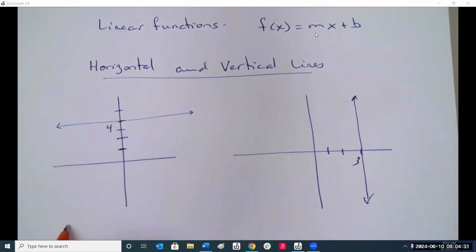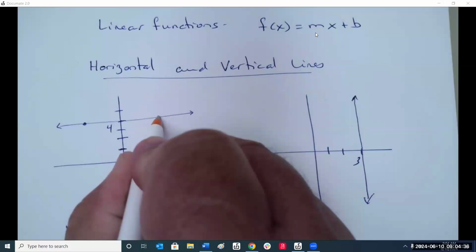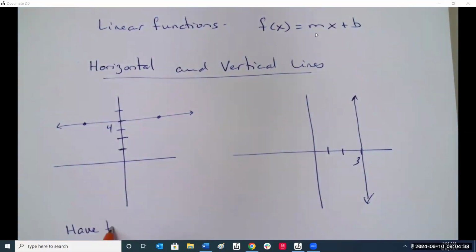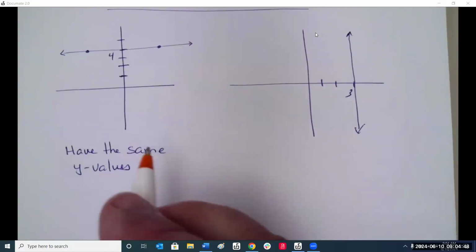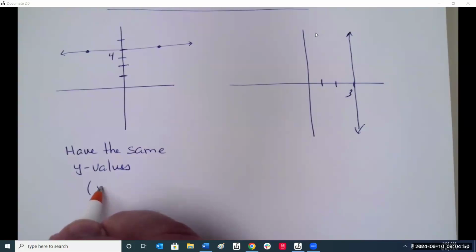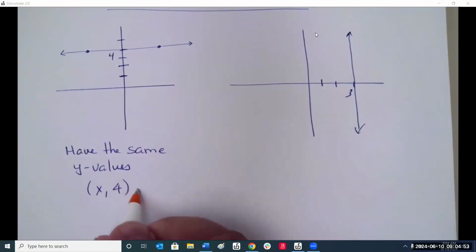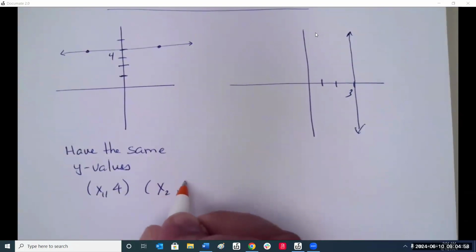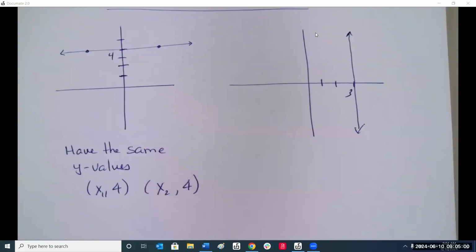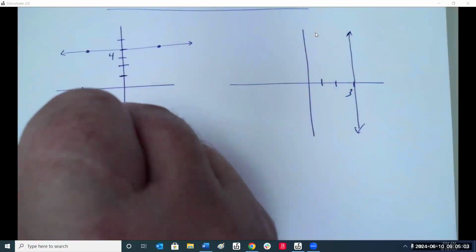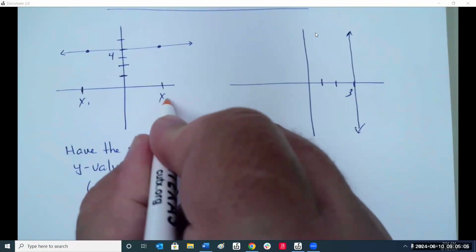Horizontal lines, or if we need 2 points for a line, they have the same y values. For example, in this one, there's x1, and any x's you pick, it'll give you the same line. This is x1, this is x2.